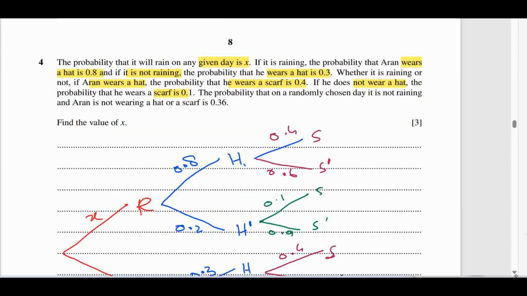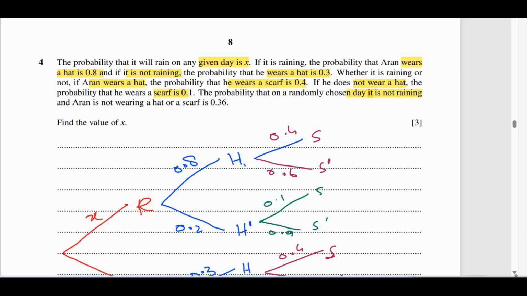Let's move further. Now they said the probability that on a randomly chosen day it is not raining and Aaron is not wearing a hat or a scarf is 0.36. Now this is a very important point.